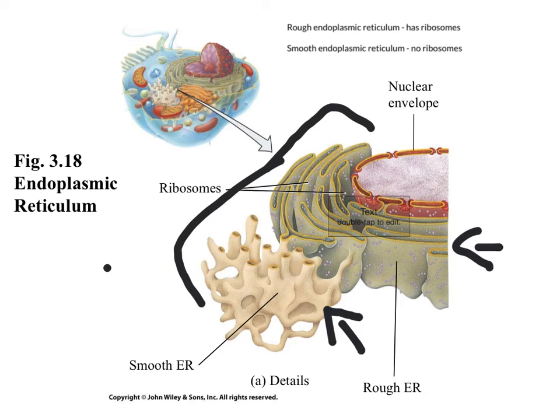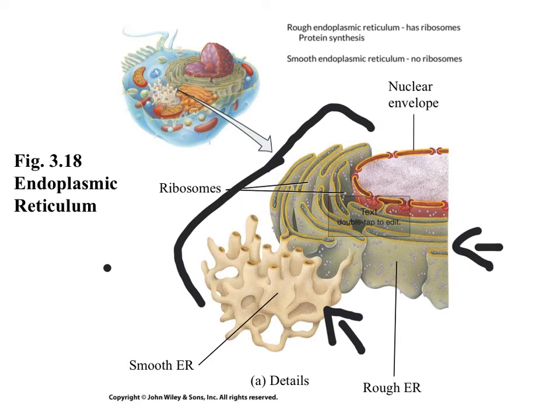Okay. So the rough ER, what are the functions? It's important to know the functions of these. The function of the rough ER is that it is involved in protein synthesis. Every time you see ribosomes, think protein synthesis.